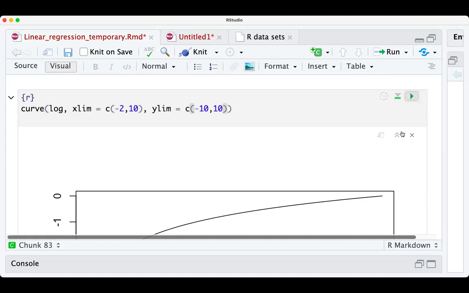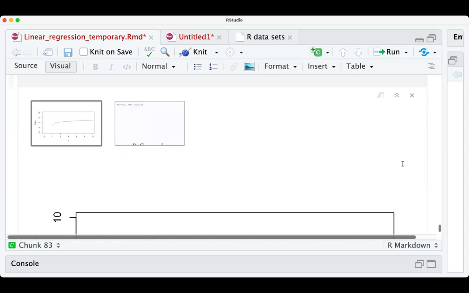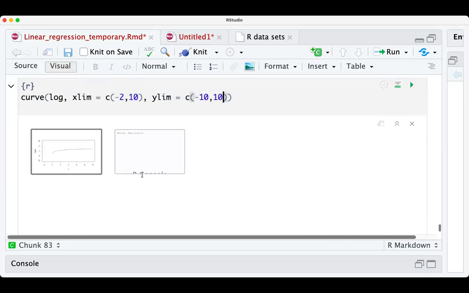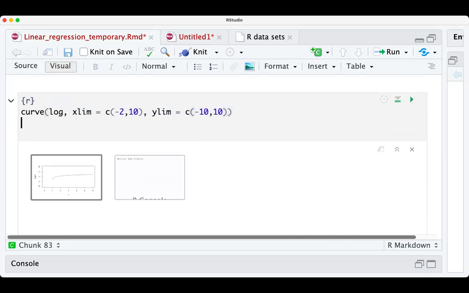Let's see this function better. This is the logarithm. Now at a certain point it stops, but you should think that there is more, so let me plot also the vertical axis.